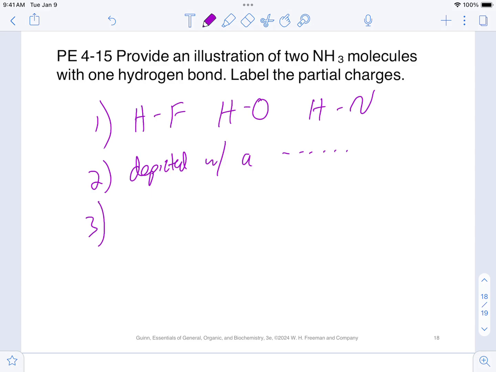And then for our partial charges, we're thinking delta positive, delta negative, and the negative would go on the more electronegative atom. So it'd be a good time to pause the video and try this on your own, and I will show you the answer on the next slide.